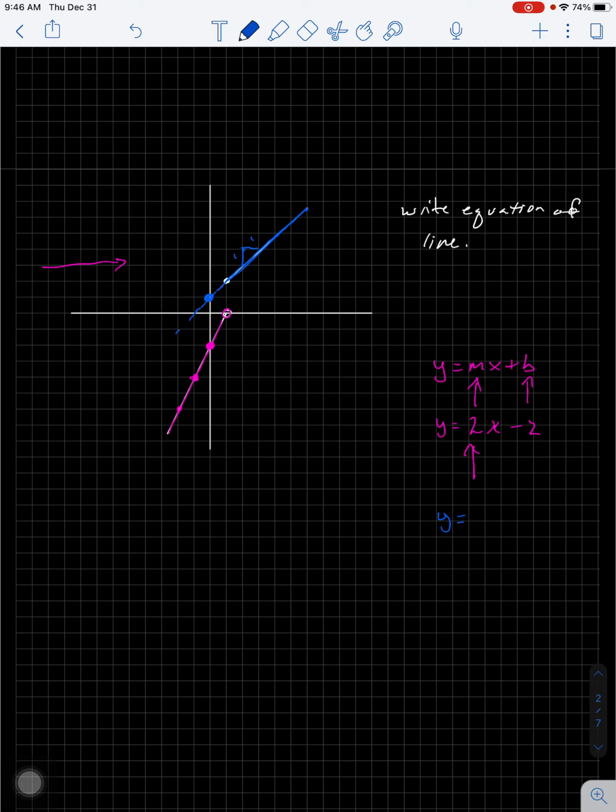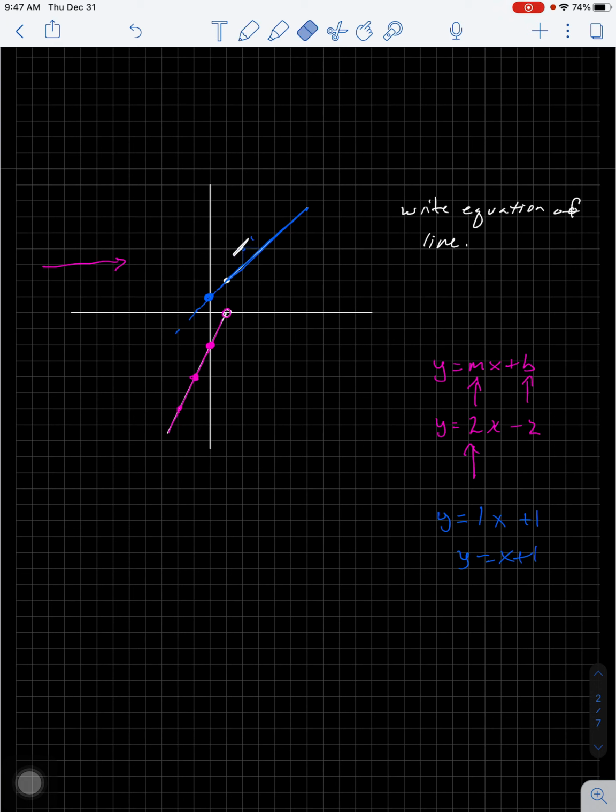So my blue line is going to be y equals, my y-intercept is 1, and my slope, going up the roller coaster, is going to be a +1x. You don't have to write the 1 there, but that's just for fun. So it's y equals x plus 1. That's the equation of that line. All right, now I'm going to erase my little extensions because they're not part of the graph.